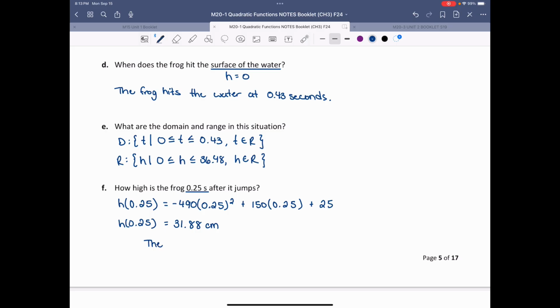So the frog is 31.88 centimeters above the water, 0.25 seconds after it jumps.